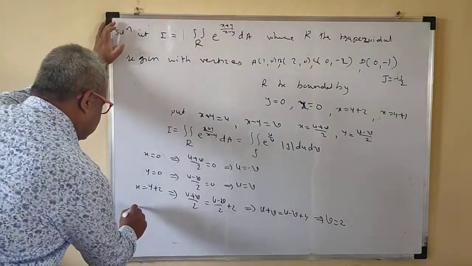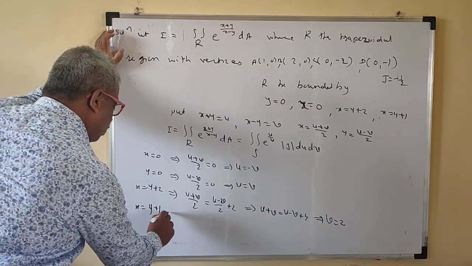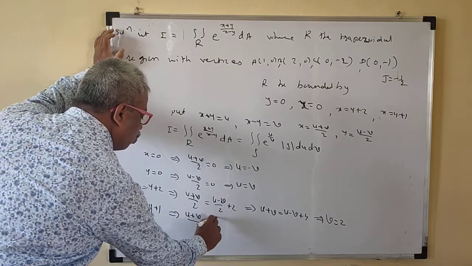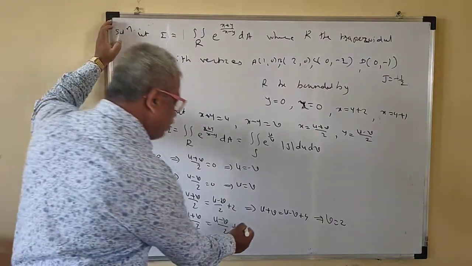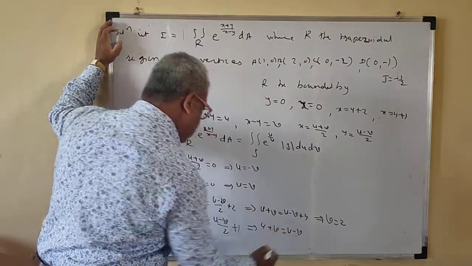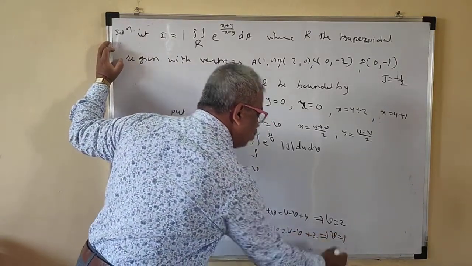Now the next curve is x is equal to y plus 1, so this is (u minus v) upon 2 plus 1. Now same thing here: u plus v is equal to u minus v plus 2. This implies that v is equal to 1.